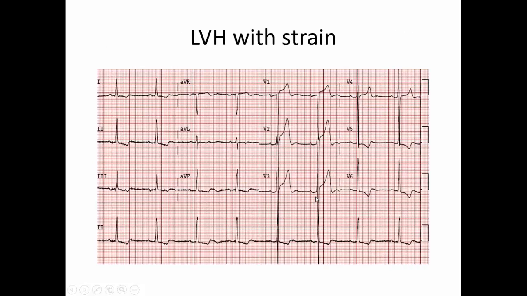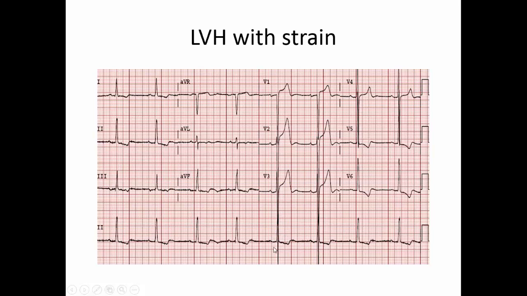Here's another example, and here you actually do see ST elevation in V1 through V3. Again, it's LVH because these things massively overlap. So you've got many millimeters of, here your S wave is 5, 10, 15, 20, 25, 30 millimeters.